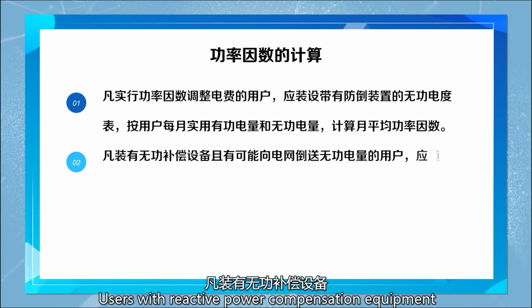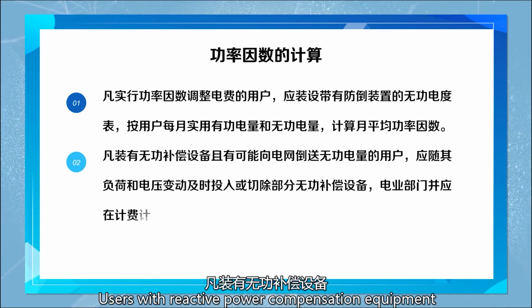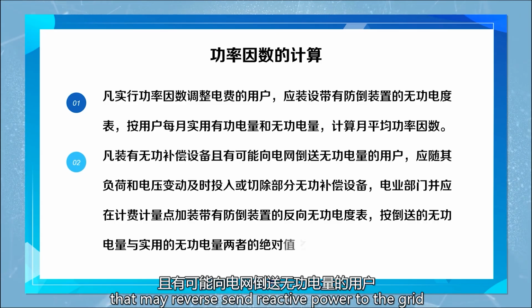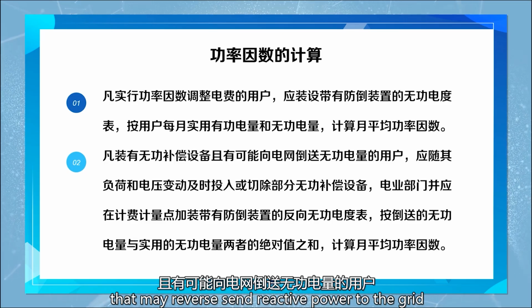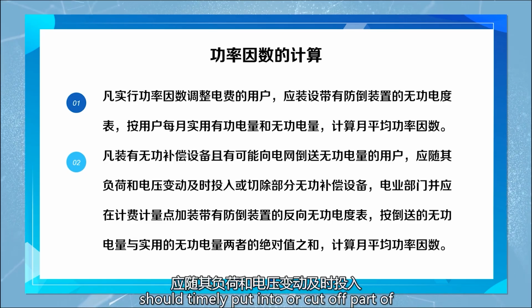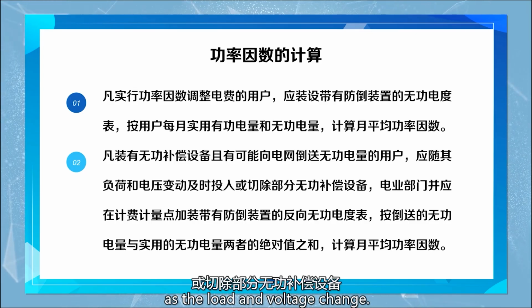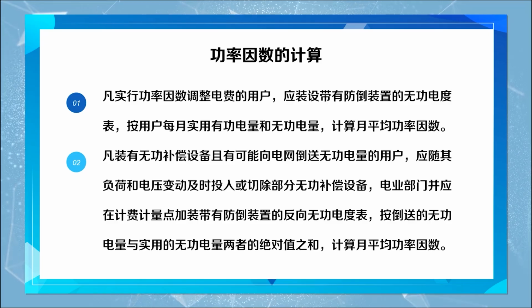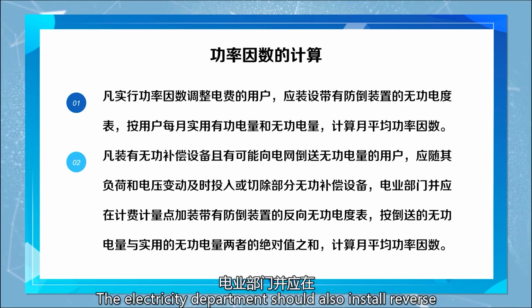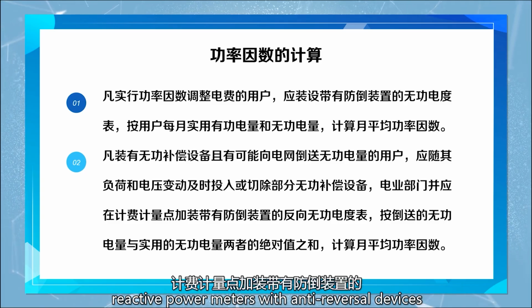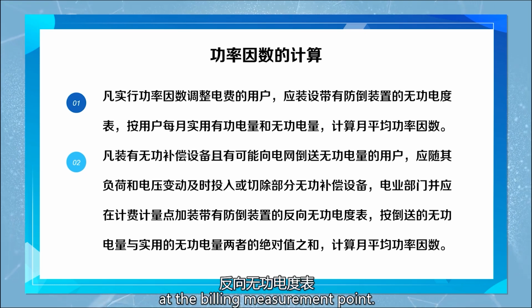Second, users with reactive power compensation equipment that may reverse send reactive power to the grid should timely put into or cut off part of the reactive compensation equipment as the load and voltage change. The electricity department should also install reverse reactive power meters with anti-reversal devices at the billing measurement point.